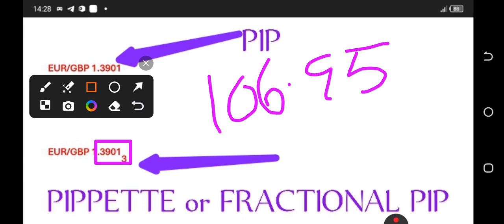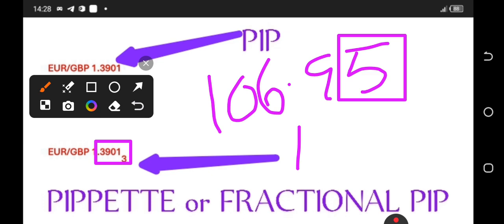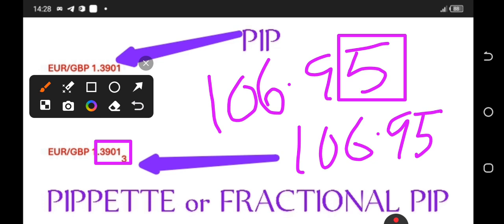But if the broker is making use of pipets, you will see something like 106.954. The 4 there now is the pipet. I hope it is clearly understood, when you are using any currency pair that has the Japanese yen attached to it.